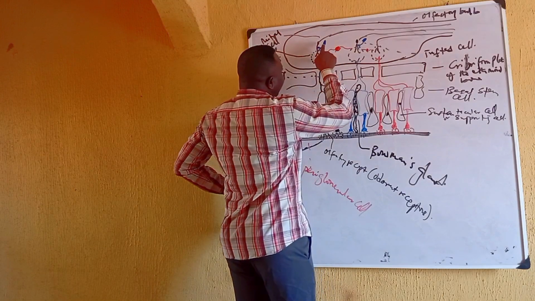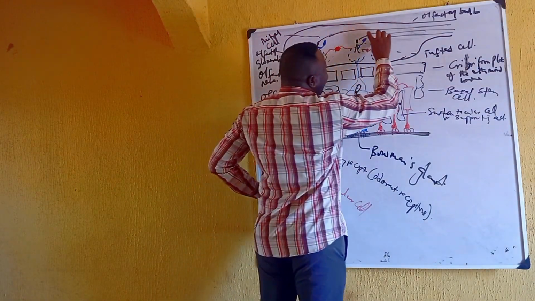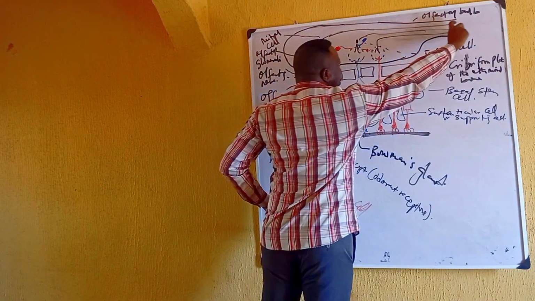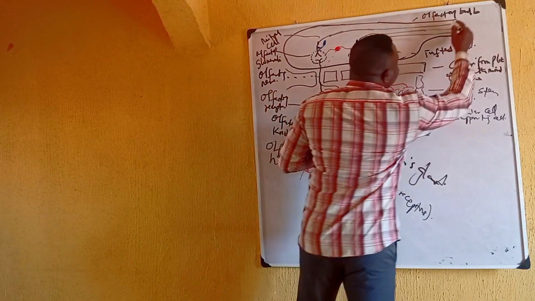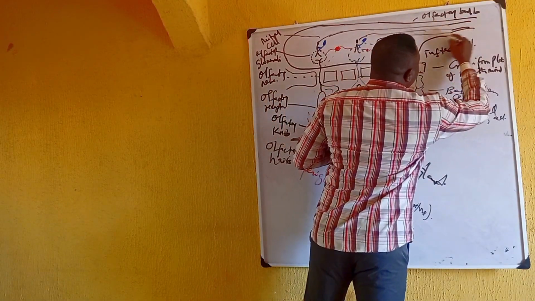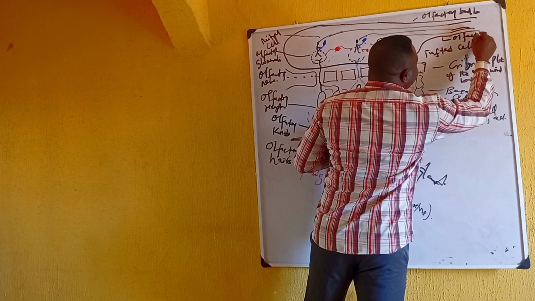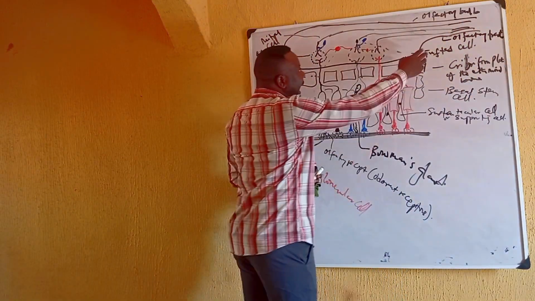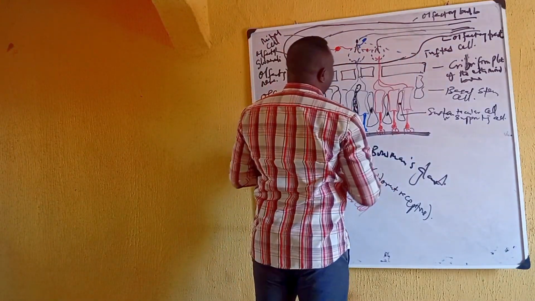Now, the axons of the mitral cells and the tufted cells go down to the olfactory cortex via what is called the olfactory tract. So this is called the olfactory tract. So now let's look at the course of the olfactory tract. I'll clean this.